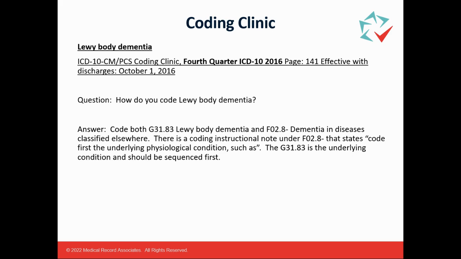There is a coding instructional note under F02.8 that states code first the underlying physiological conditions such as the G31.83 is the underlying condition and should be sequenced first. So remember your F02.8 code is a manifestation code and you want to code the underlying condition first.